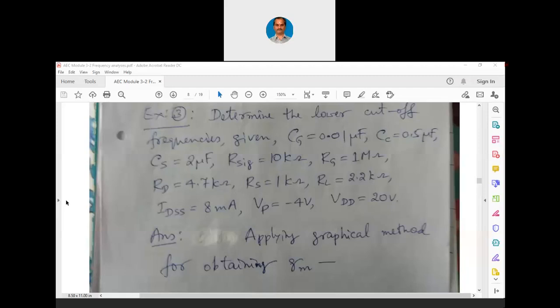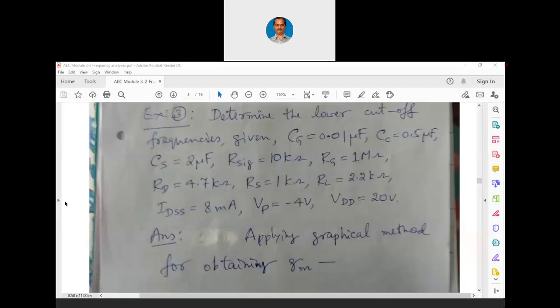The load resistance is 2.2 kilo ohms. Now, IDSS is 8 milliampere, VP is minus 4 volts, VDD is 20 volts. Now, you have all these data given. The data at the lower side is given to find out gm itself. We have to find out gm using the graphical method now. That is why IDSS and pinch-off voltage are given.